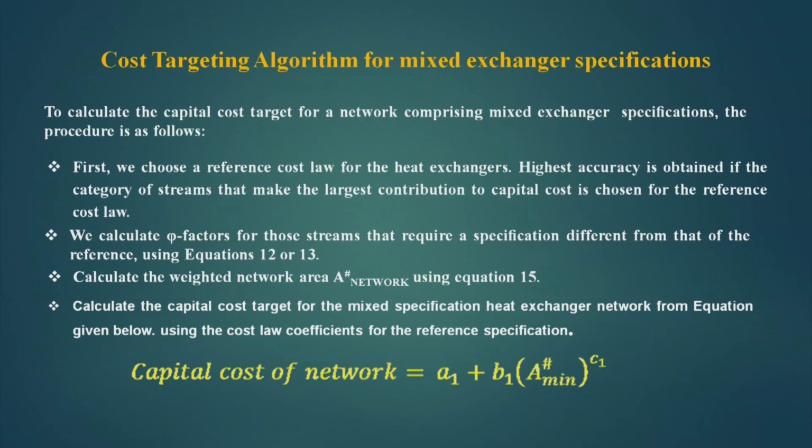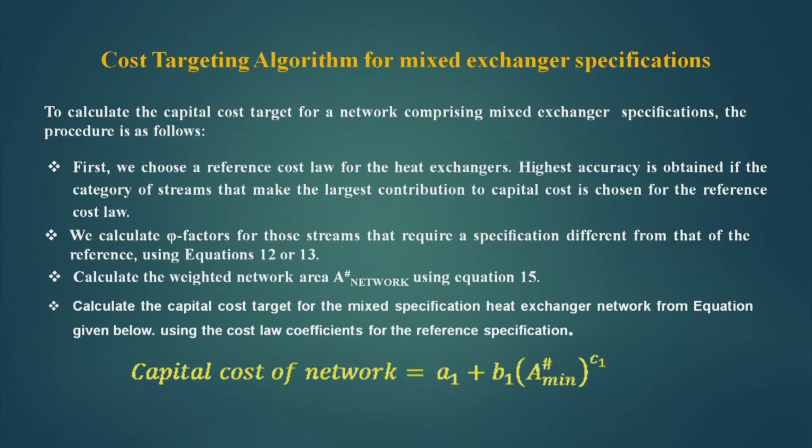Then the next job is to, using the phi factor, calculate the artificially increased network area for different specification of the heat exchanger, which we say A hash network, using the equation 5.